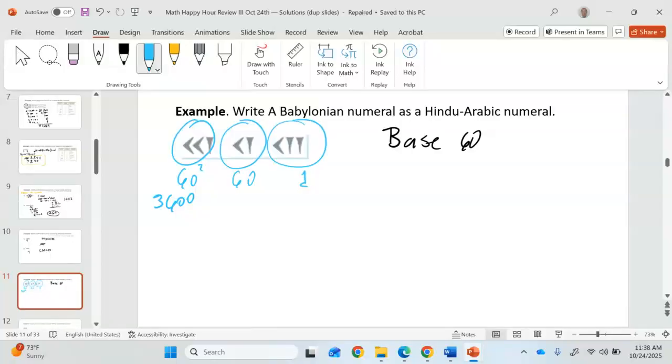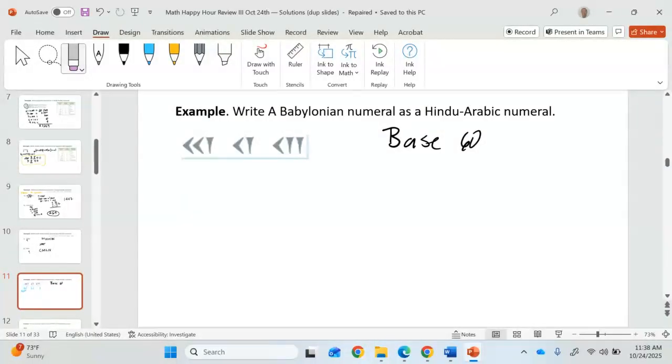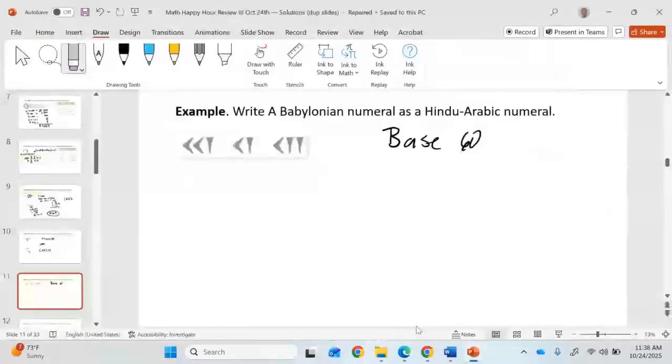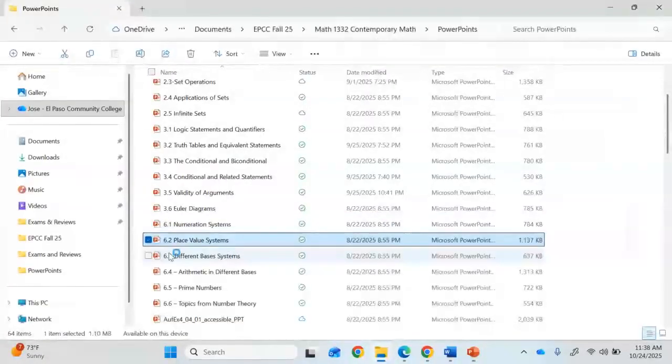So first of all, let me see if I can erase each of these. Now that I've identified my groups, also to be remembered, let me show you where on my PowerPoints this is.